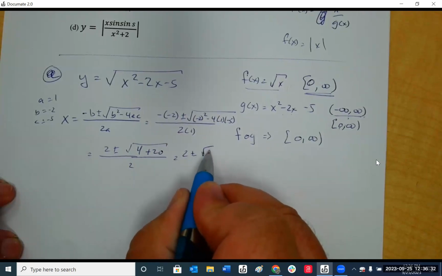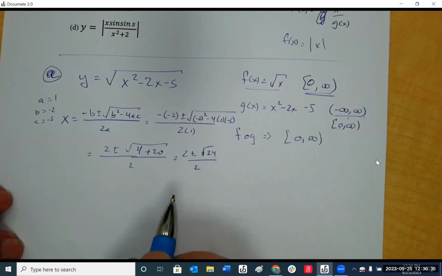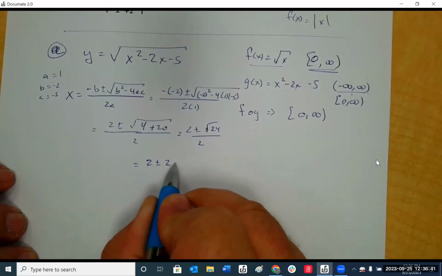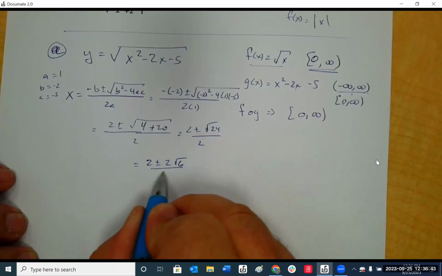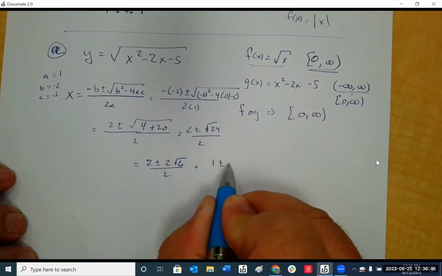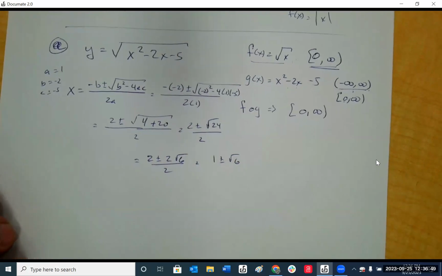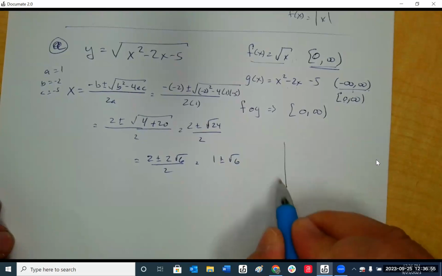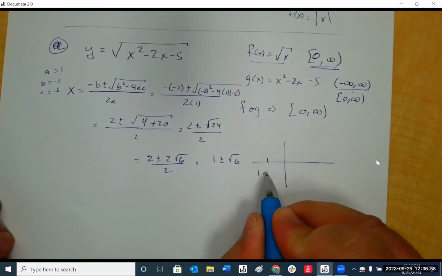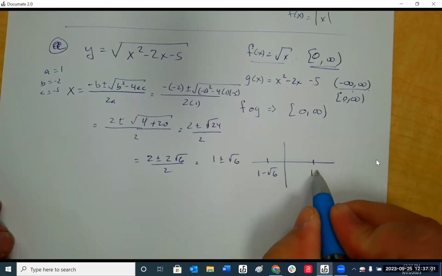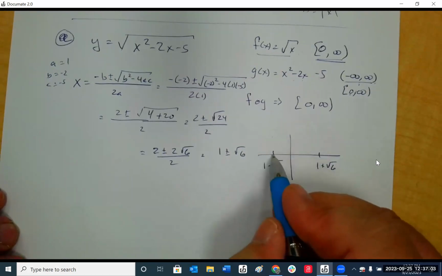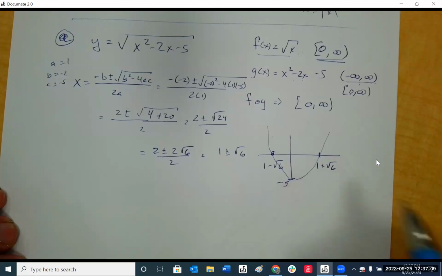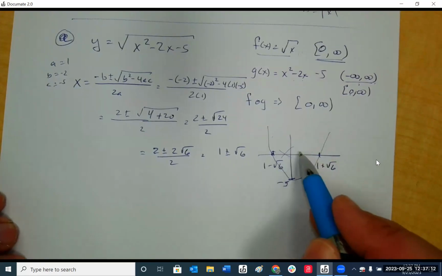So 2 plus or minus radical 24, which is about 3.4 and -1. 2 plus 2 radical 6 over 2 equals 1 plus or minus radical 6. So what that says is 1 minus radical 6 and 1 plus radical 6. Those are my x-intercepts. So we can't use anything between there.